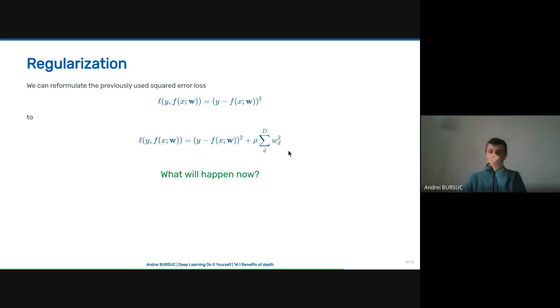So the question is, what will happen now? We know that we want to minimize the loss, so this loss will be going towards 0. We also want to minimize this term, so this should also go to 0. This means that the impact on the loss will be that these values will also go to 0.